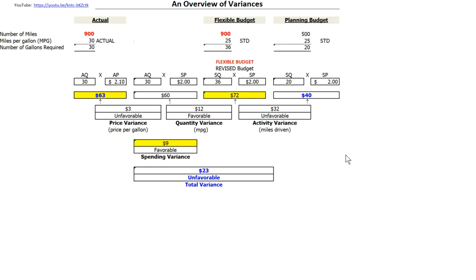Recall our gasoline example. We had a $9 favorable spending variance. We were expected to spend $72 on gasoline if we drove 900 miles. We actually spent $63. We spent $9 less than expected. Why? And we broke that $9 down into a price and a quantity variance.